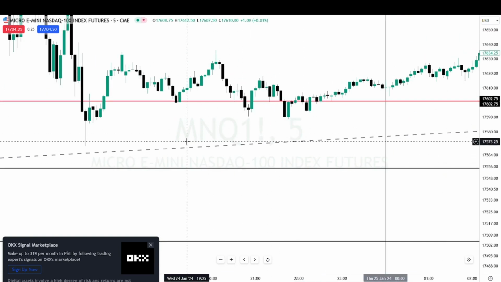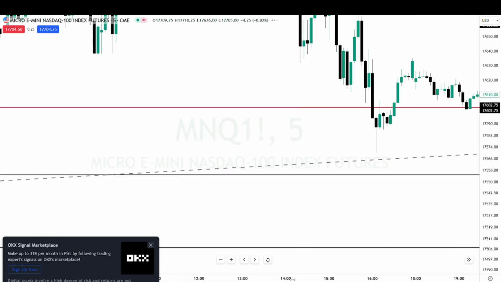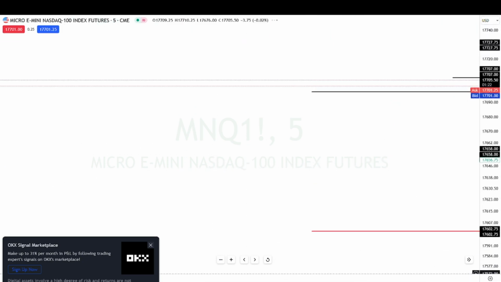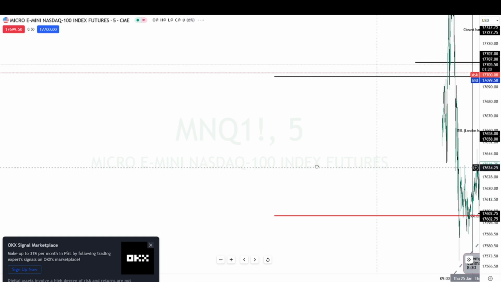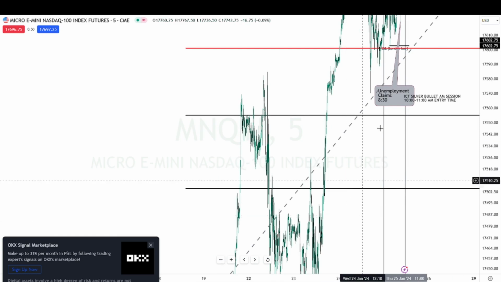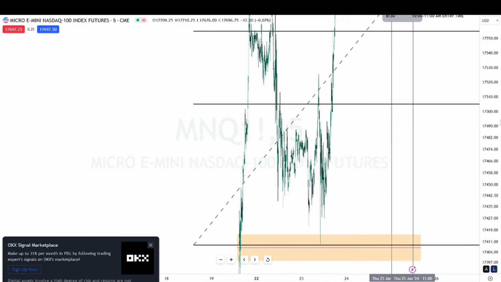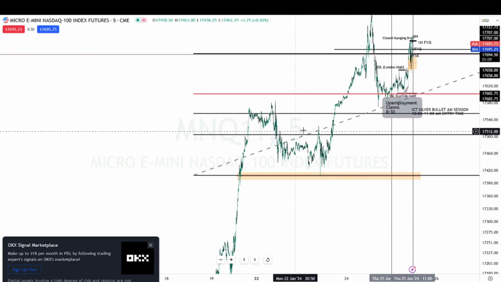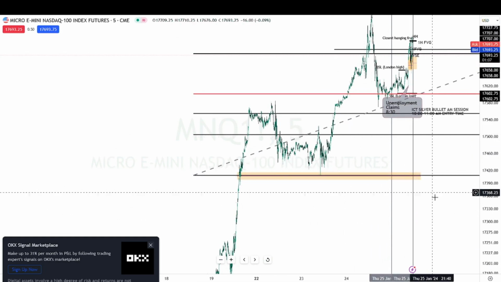Right there. Where else do we have a sell side liquidity? Plus, we might be coming back to this area right here, or this low.